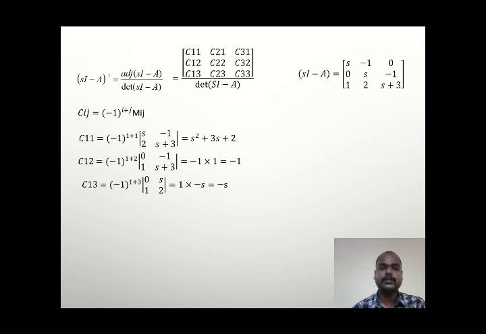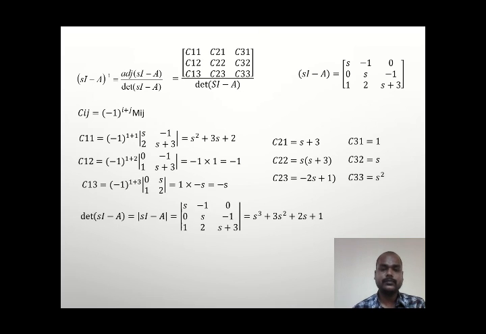If we are taking C11, we are considering s, and this row and this column will be eliminated and we take the determinant here. If we take the determinant we will obtain s square plus 3s plus 2, and a similar procedure can be followed for all the remaining elements to obtain the adjoint matrix.